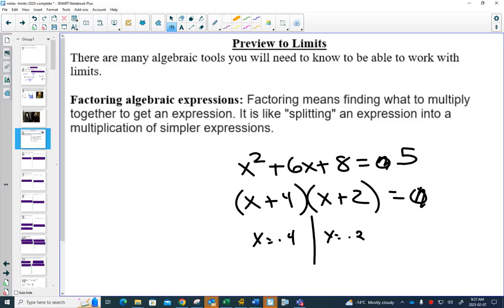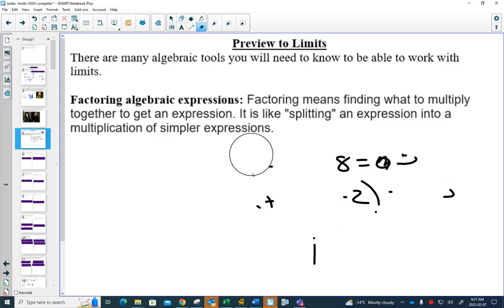Because if this side is 5, I have two things that multiply to 5. Could be 5 and 1, could be something totally different, like 5/3 times 3. There's an infinite amount of answers if it's equal to 5. But if it's equal to 0, then we have power.